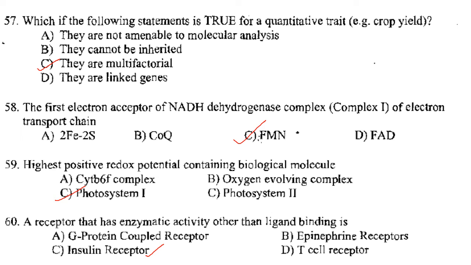The FMN will get reduced to FMNH2, and from here the electron moves along a series of iron sulfur groups and then they are transferred to the coenzyme Q. So the first electron acceptor in complex 1 is FMN. Answer is option C.